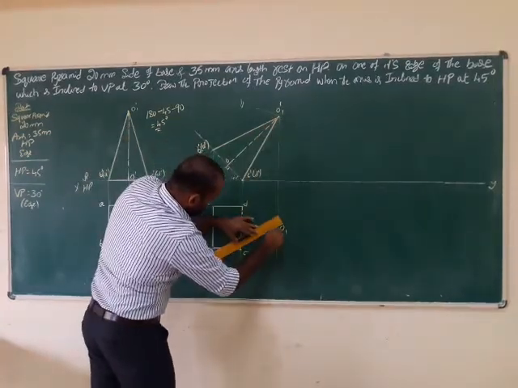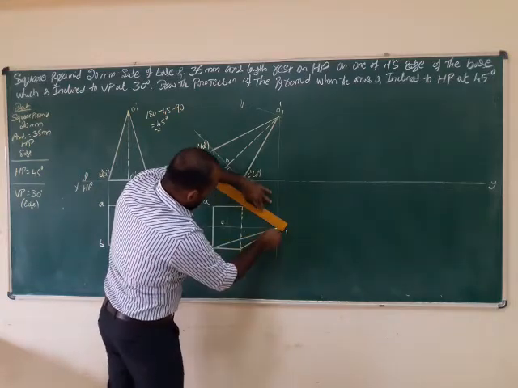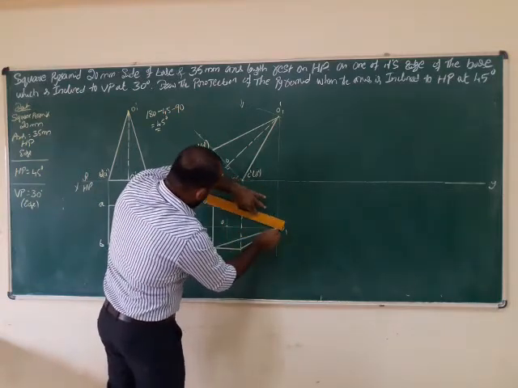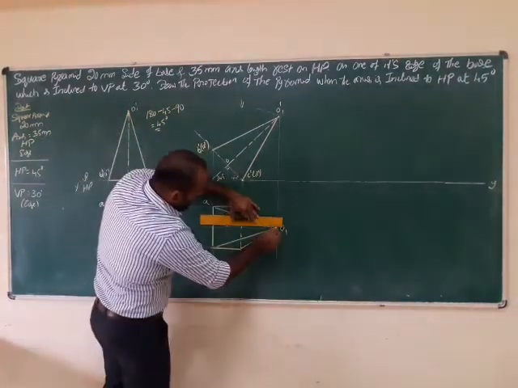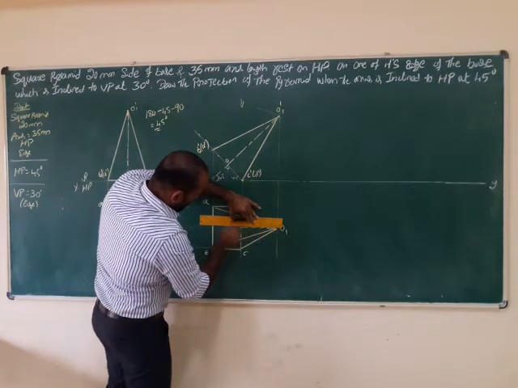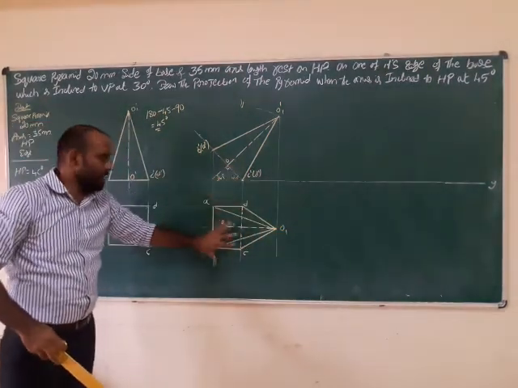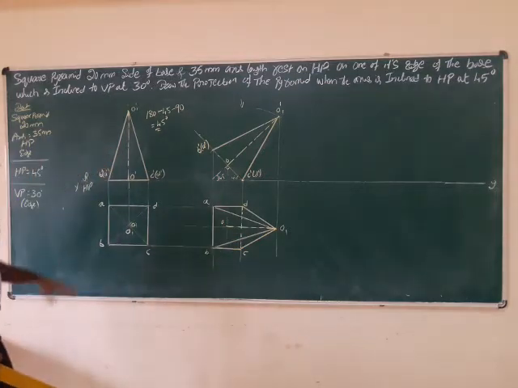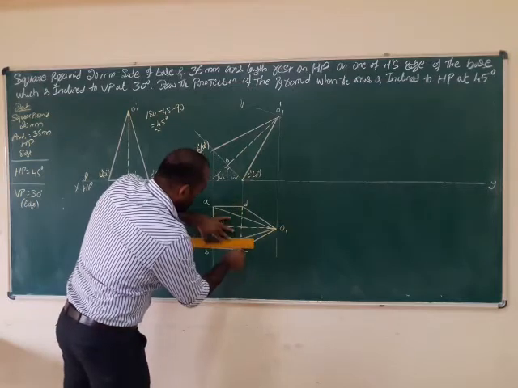Join D, C and B. The center line is called the axis line. That's it. If it is inclined at 45 degrees, the pyramid will look like this.